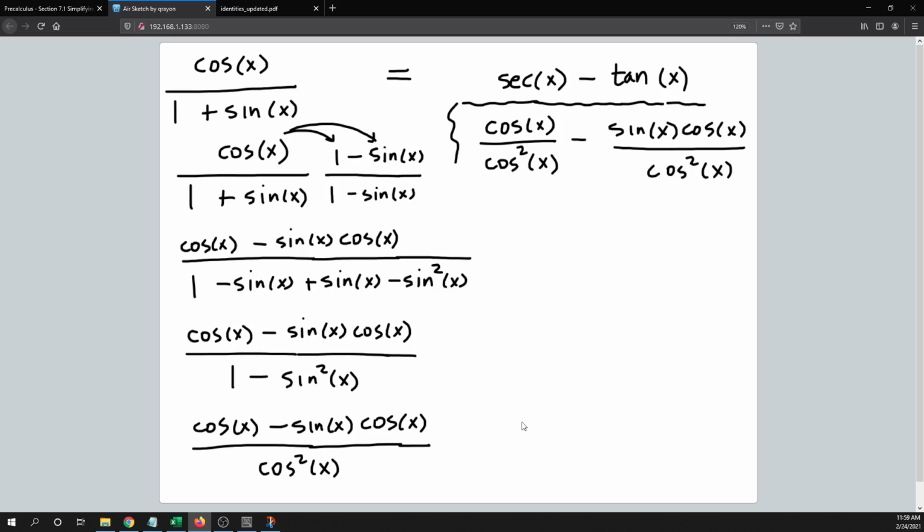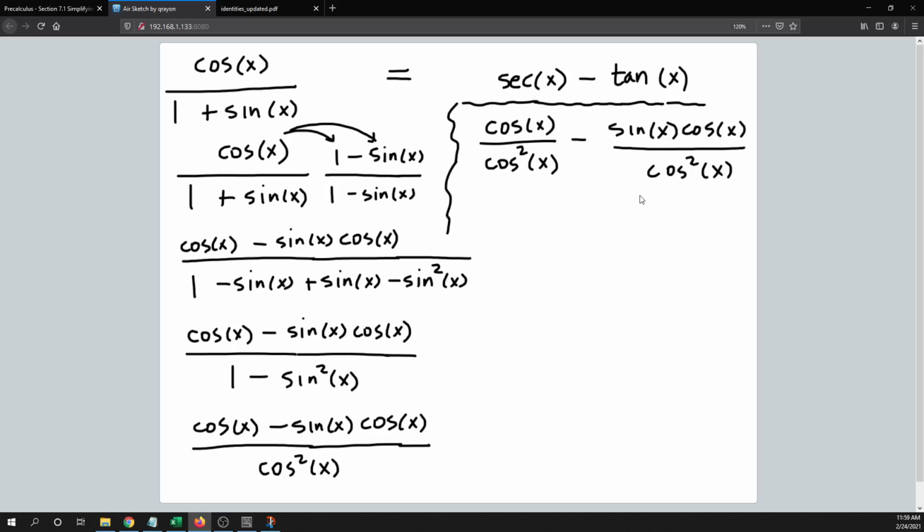And a lot of times you won't see that. Normally you're going the other way: you have two fractions that you want to subtract and you combine them into a single fraction. But here we went the reverse direction.